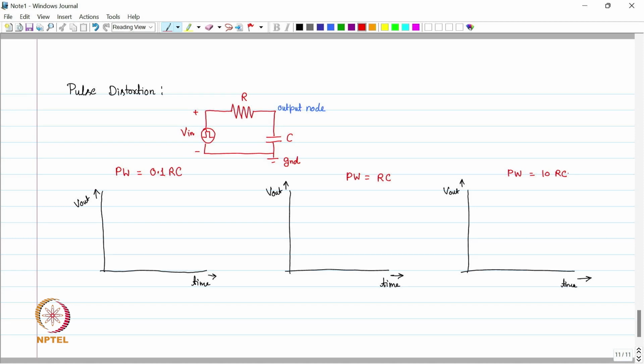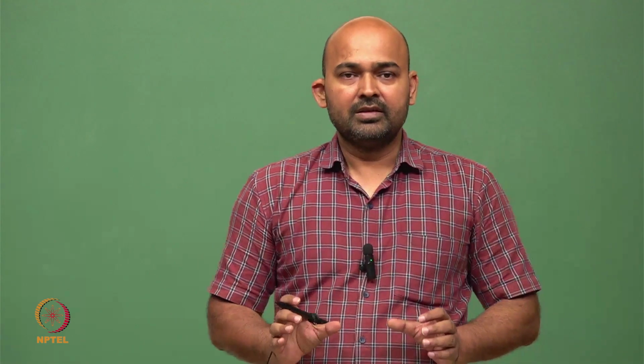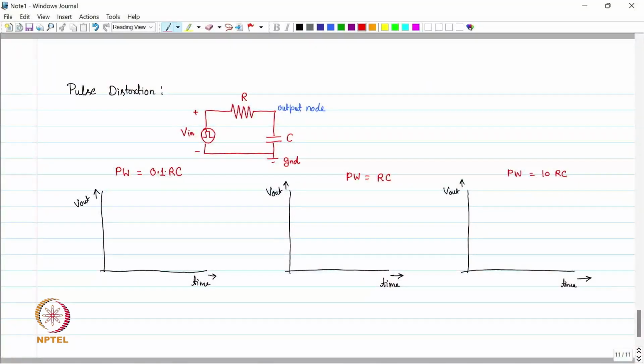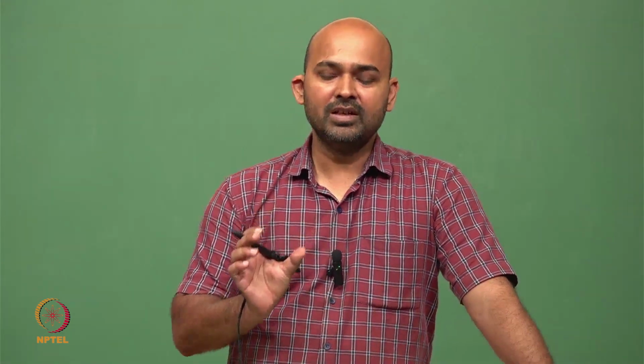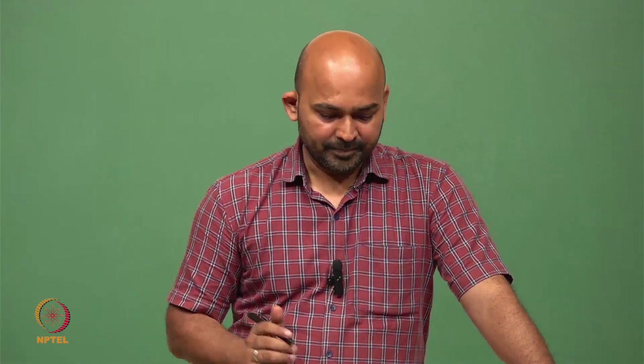So now we have three cases. In one the input frequency is very high, meaning the pulse width is very small, equal to 0.1 RC. One frequency is moderate, which is a pulse width equal to RC, and one is a very low frequency where the pulse width of the signal is 10 times RC.